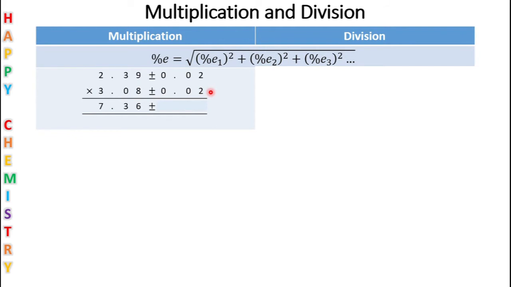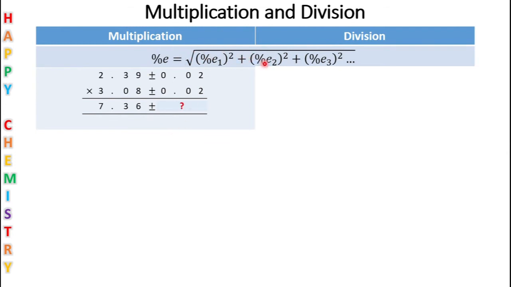In arithmetic part, both numbers have 3 significant figures. Therefore, the answer should be kept with 3 significant figures. That means 7.36. Now, we will look at how to calculate the resultant uncertainty. It is calculated according to this equation.